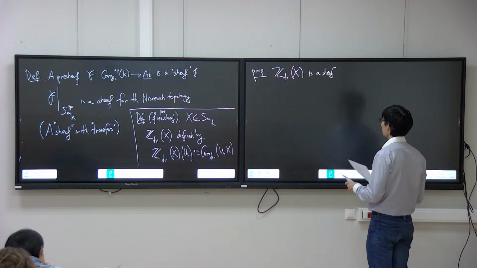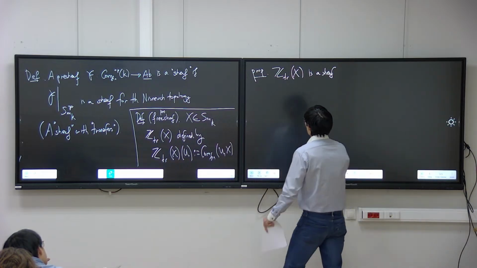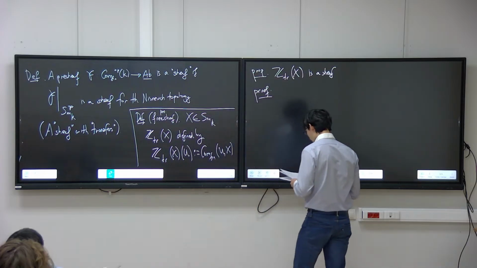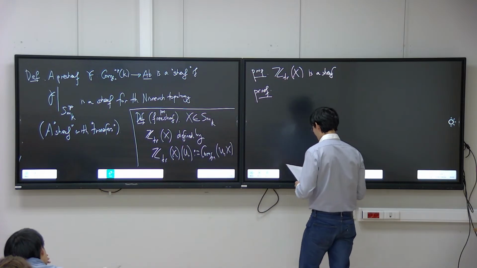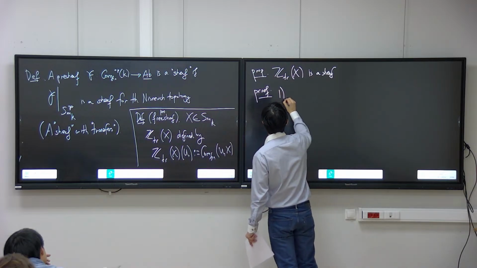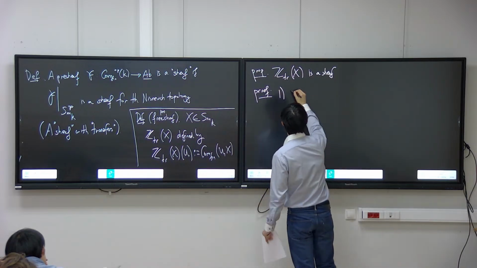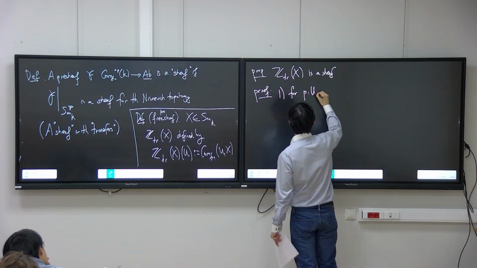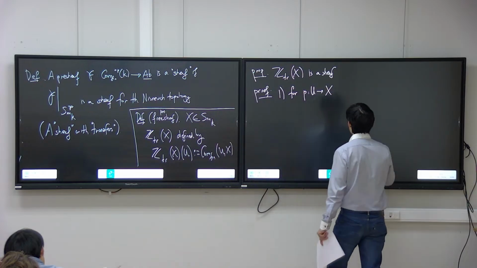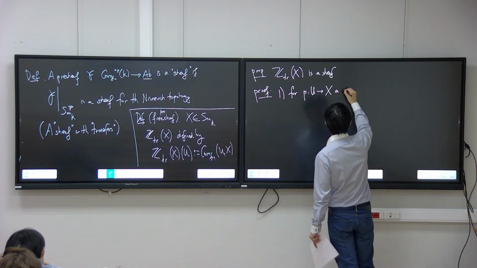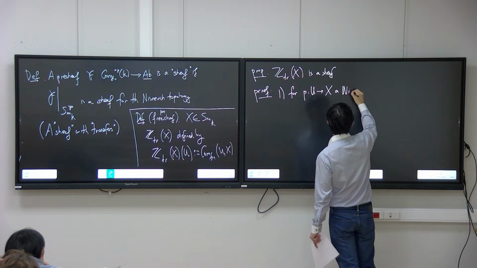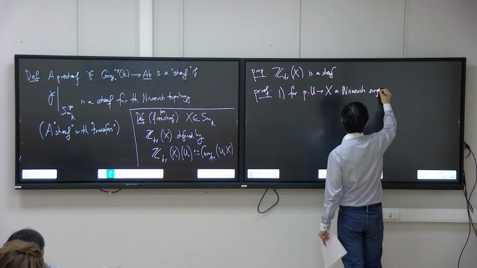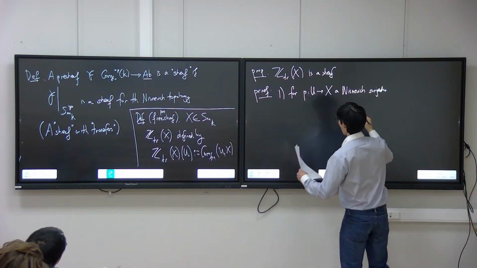So we need to check two conditions here. We want to check that, for p: U to X, a Nisnevich cover, surjection, I mean, we can always group many coverings into one map.